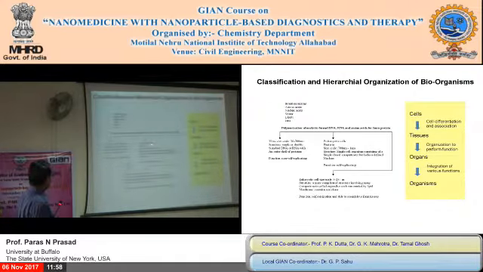Then you have these prokaryotic cells. These are cells of bacteria. So at a higher level, the bacteria are there. They could be from 500-600 nanometers to micron sizes, so they can be much bigger than viruses. So you can say they are submicron to micron, okay?